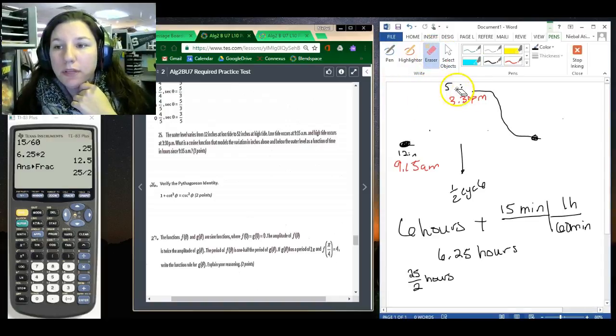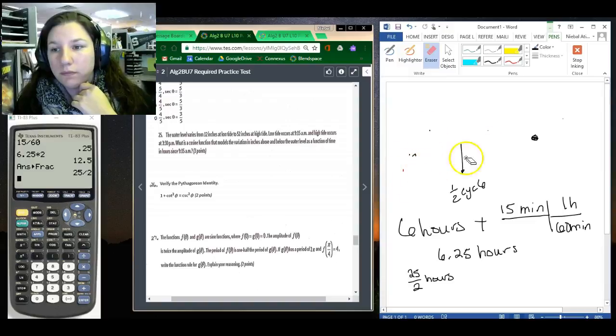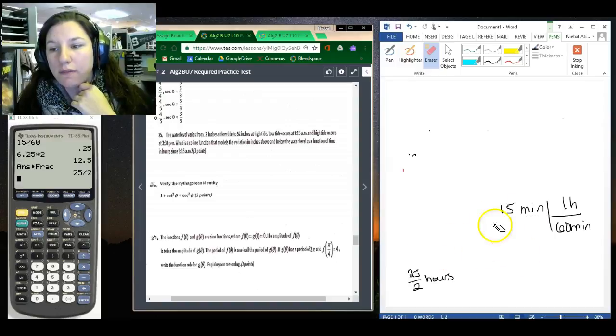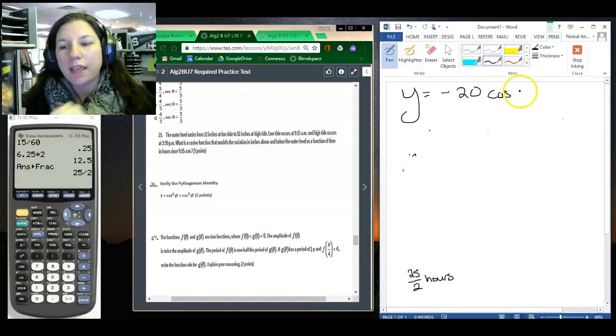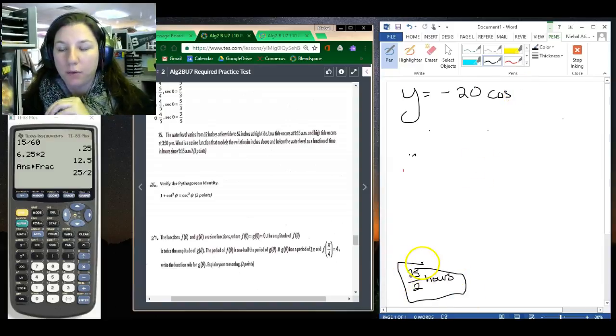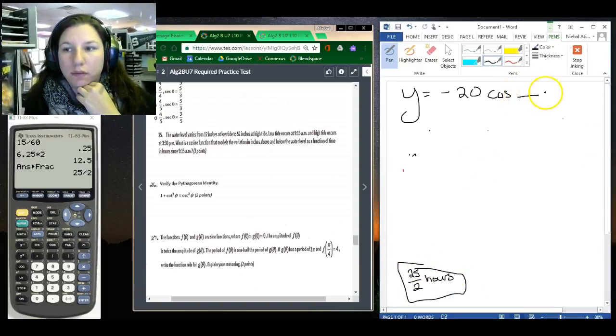So if we start building our equation, we have y equals negative 20 cosine. That was our amplitude, right? Cosine, and I can't just put in 12.5 hours. That's not b. Okay, how do I find b?